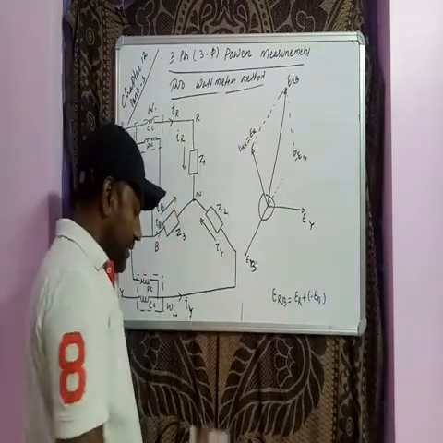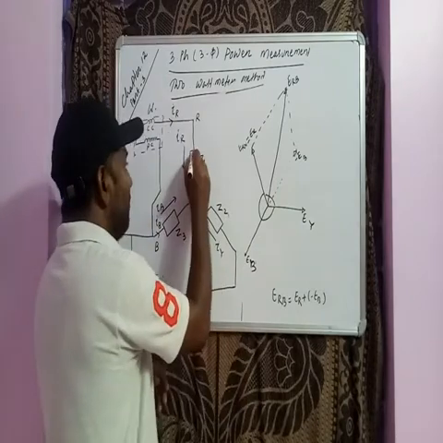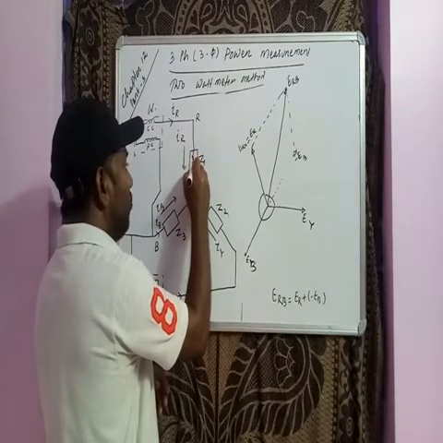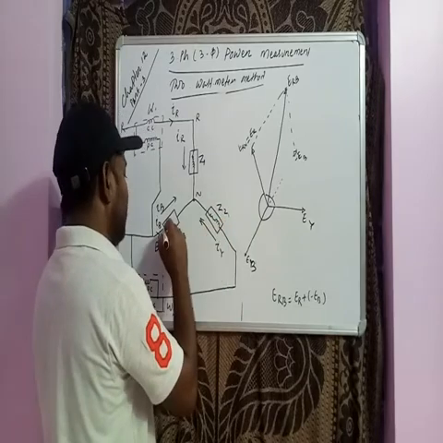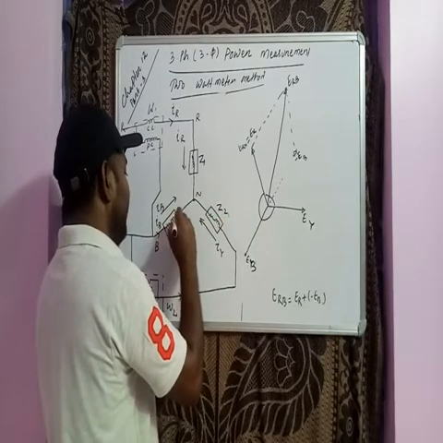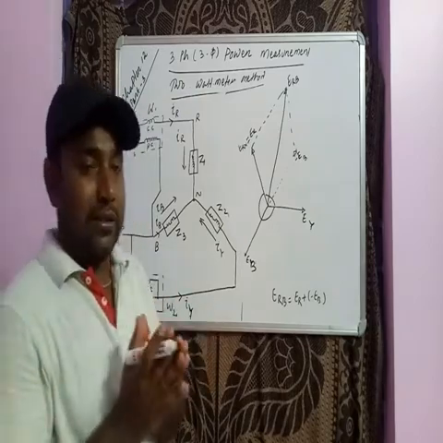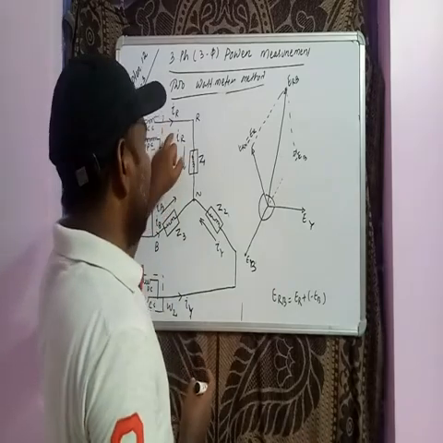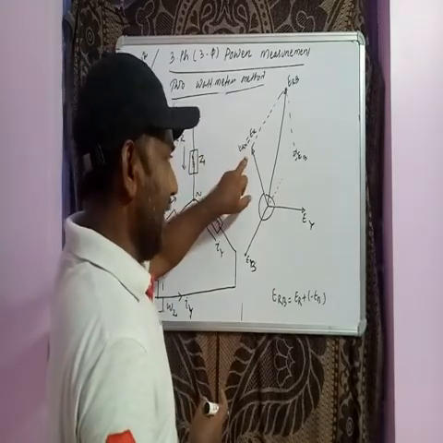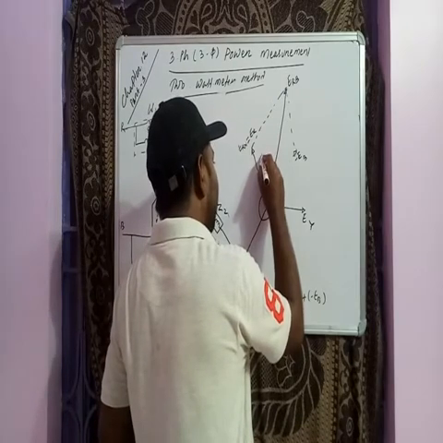Since these impedances are inductive, RL type, because impedance means resistor plus inductor. Resistor and inductor, it is a coil. So it is inductive. So RL type means the current will be lagging. So IR will lag ER by an angle phi.